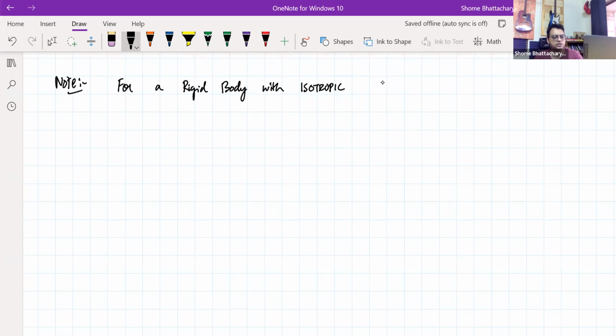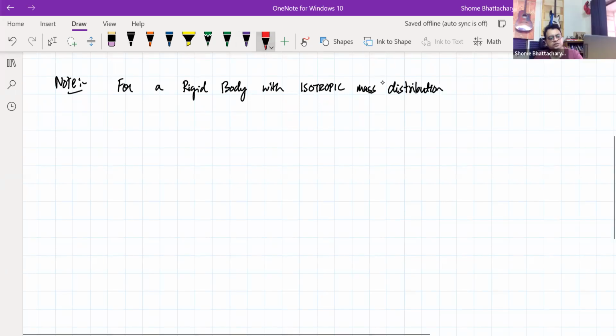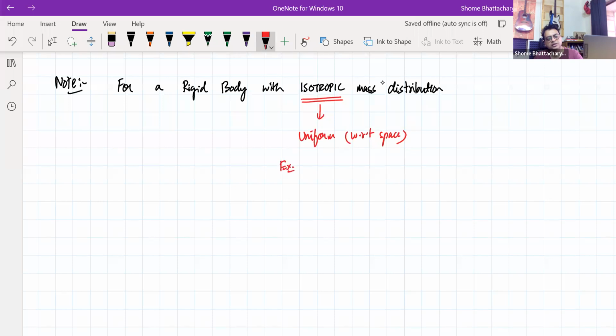So if we have a rigid body with isotropic mass distribution, what is meant by isotropic mass distribution is uniformly distributed mass. The term isotropic over here means uniform with respect to space. For example, suppose we have a 3D object, a solid body of uniform density, that would be isotropic mass distribution.